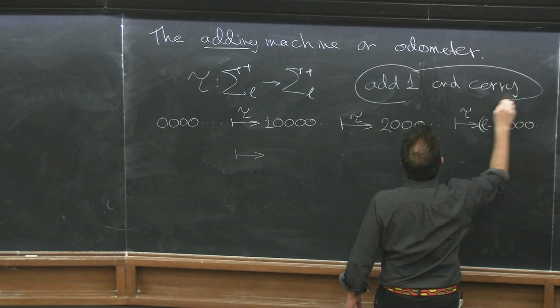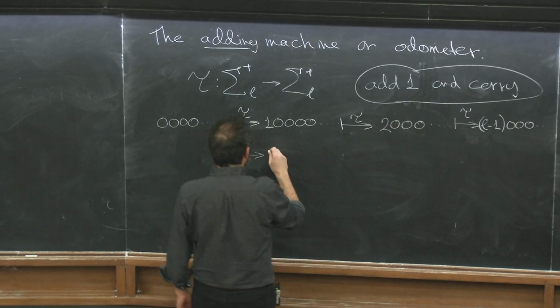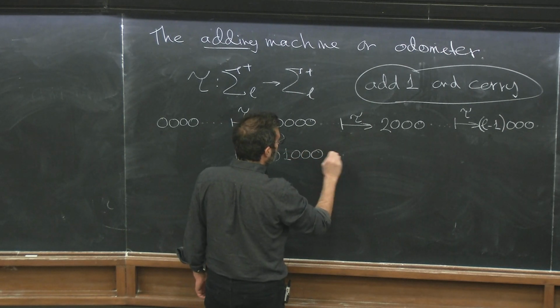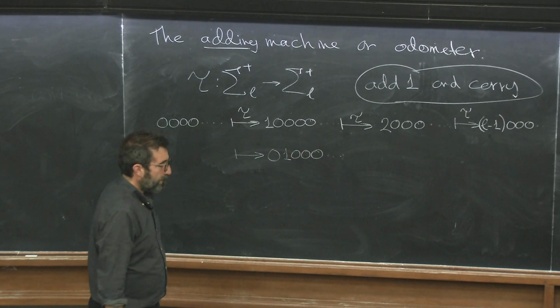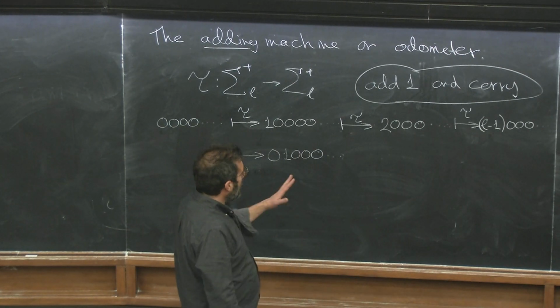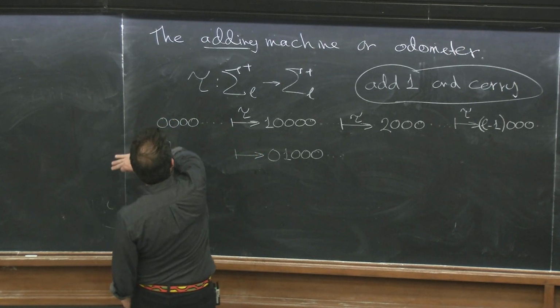Carry means that if I add 1, just like I do in the decimal digits, then I go to 0, 1, 0, 0, 0. So this is just like adding numbers. It's reflected, right?